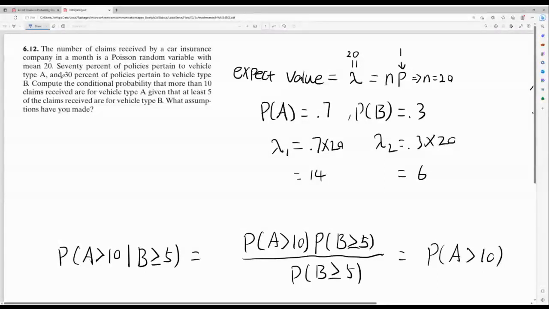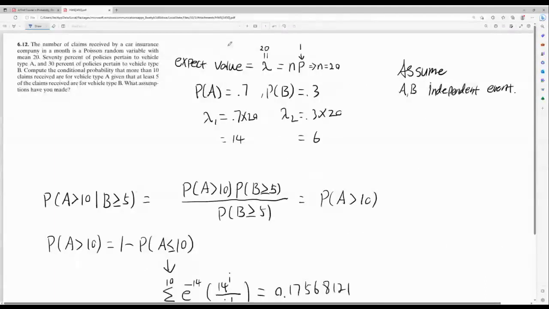So in here we have A and B. If A and B cover all the claims, we assume A and B are independent events. That's my assumption. Given at least 5 are B, so B is greater than or equal to 5, and A is more than 10. Since they are independent, we can just split it and solve.